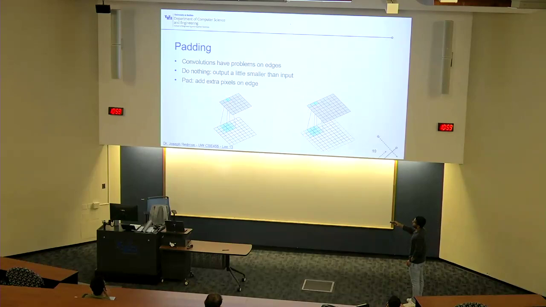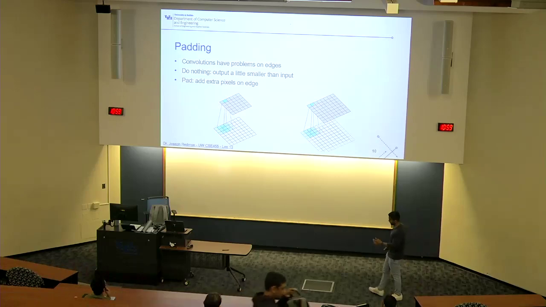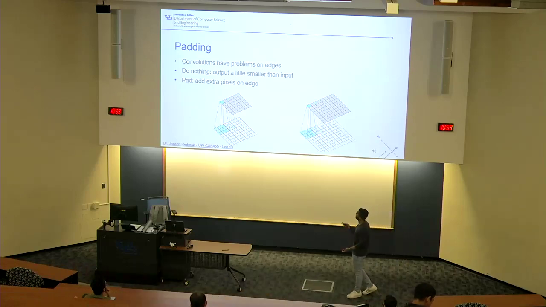So you would end up skipping a few rows and columns if you didn't pad it. And the same strategies that we talked about earlier, which is replicating it, wraparound, mirroring it, all of those are still valid and used in convolutional neural networks also.